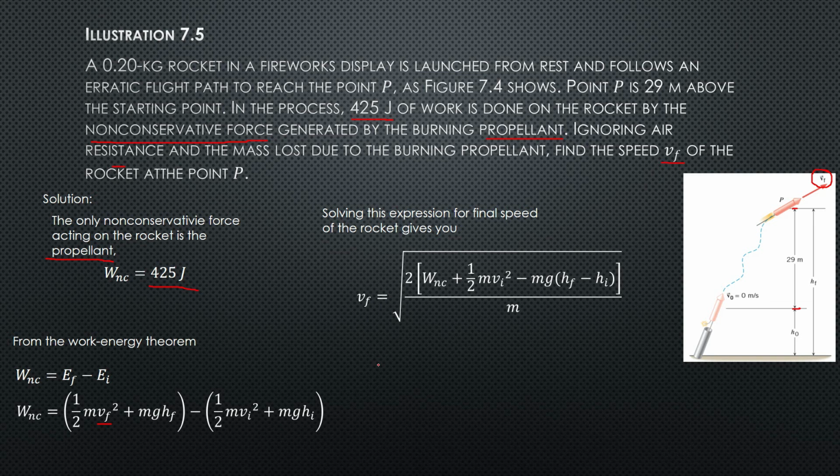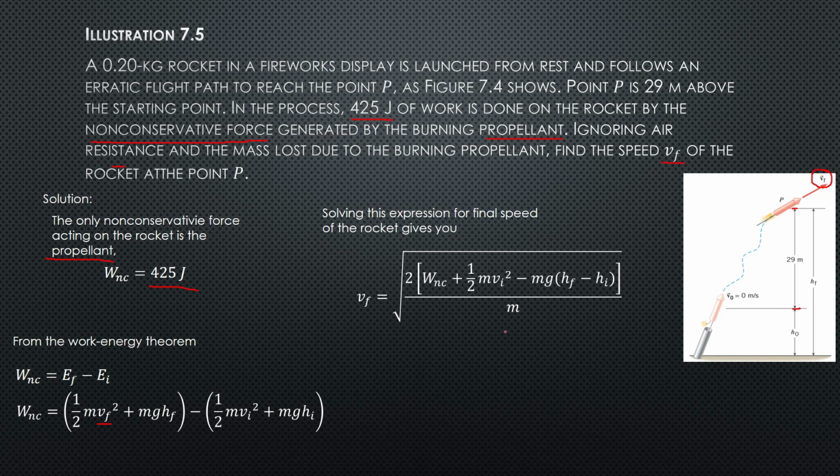So the final speed will be equal to the square root of twice the non-conservative work plus the initial kinetic energy minus m g times the height final minus initial, all over mass.